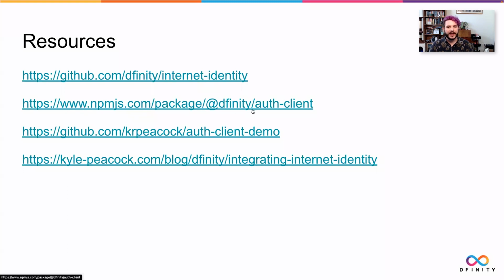We also have a package at dfinity/auth-client on NPM. This makes it really easy to get set up and integrate with internet identity. Here is an auth client demo where I show some code for how to use the auth client. And I've also got a little blog post on it.